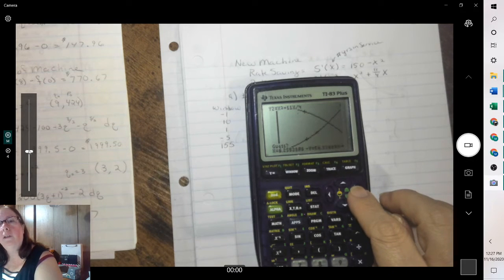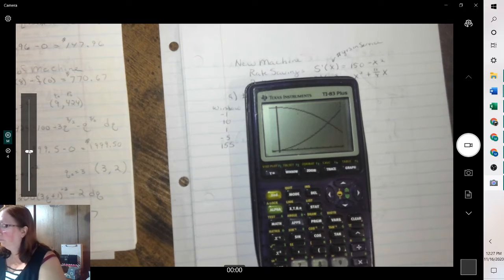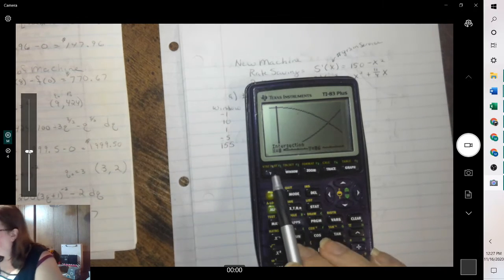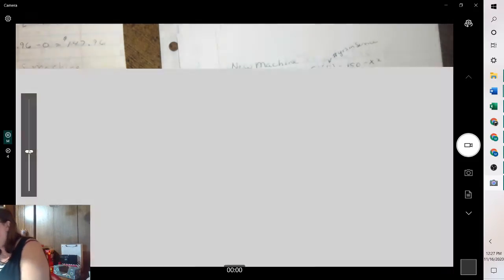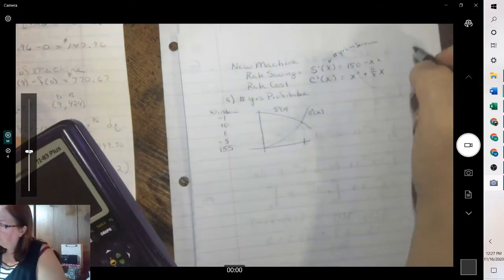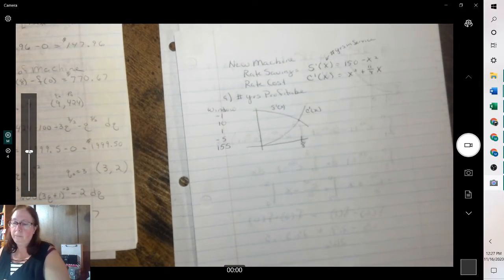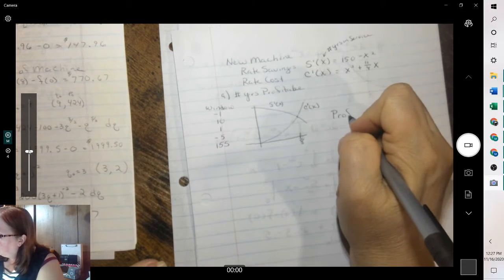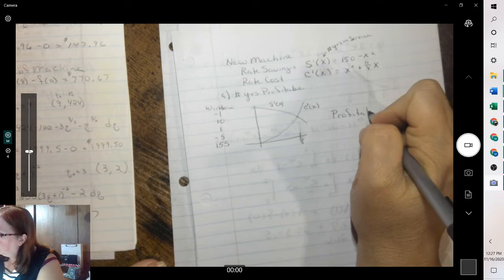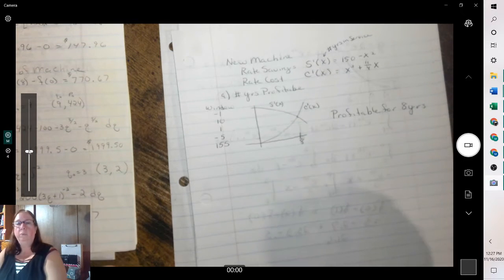You can move it close to the point that you want and then hit enter. So it's 8 and that looks like 8.6. Yep. But we only need the 8. So it's profitable for 8 years.